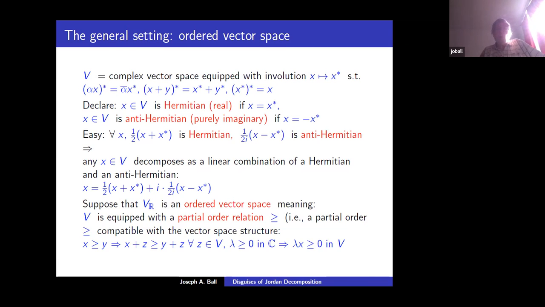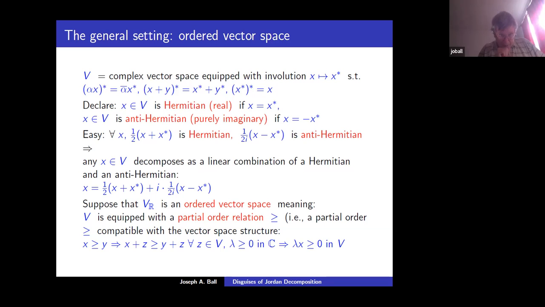It's only a partial order, and it's compatible with the vector space structure, which means inequality is invariant under translation. And if lambda is a positive scalar, then multiplication by the scalar should preserve positivity.